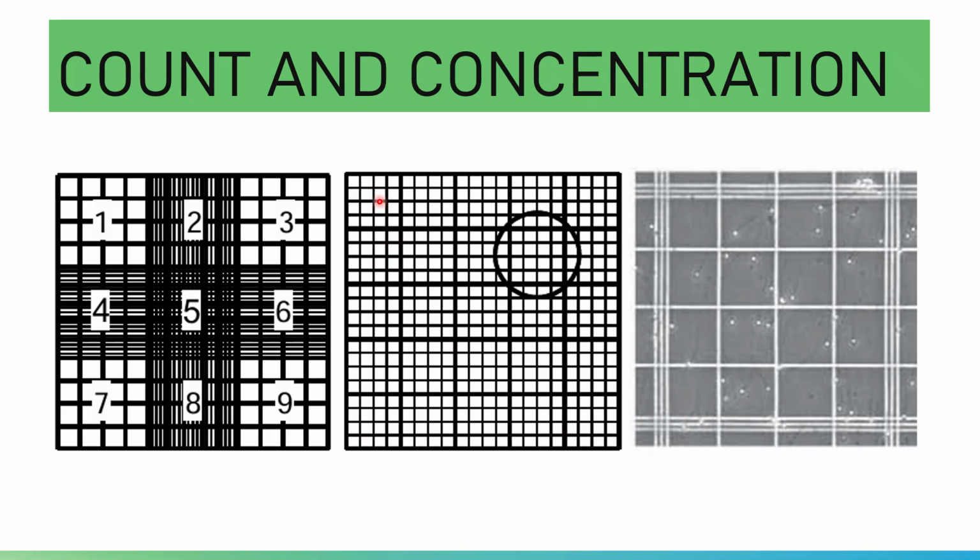And the corner squares, these smaller squares, look like this accordingly. This is your view when you count your sperm cells.